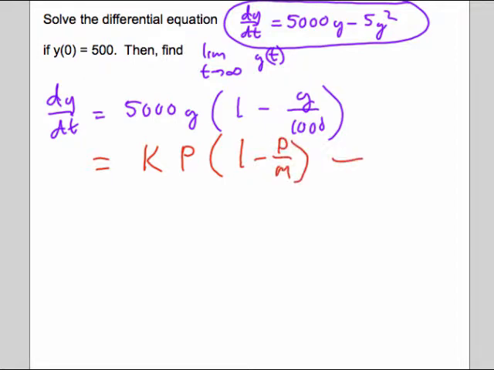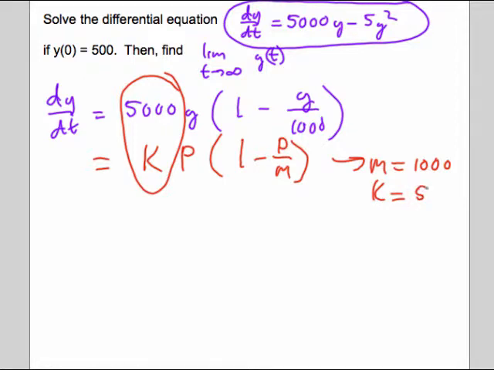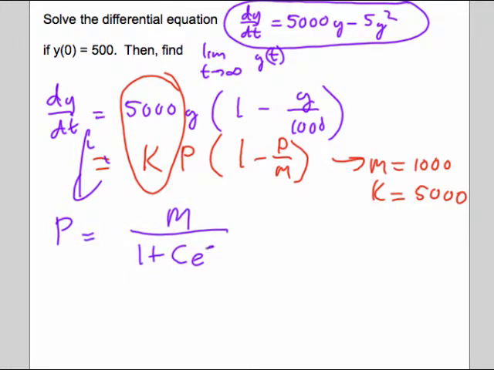where the carrying capacity is 1,000 and my constant is 5,000. And because I've solved this differential equation to be this, I can substitute these values directly in.